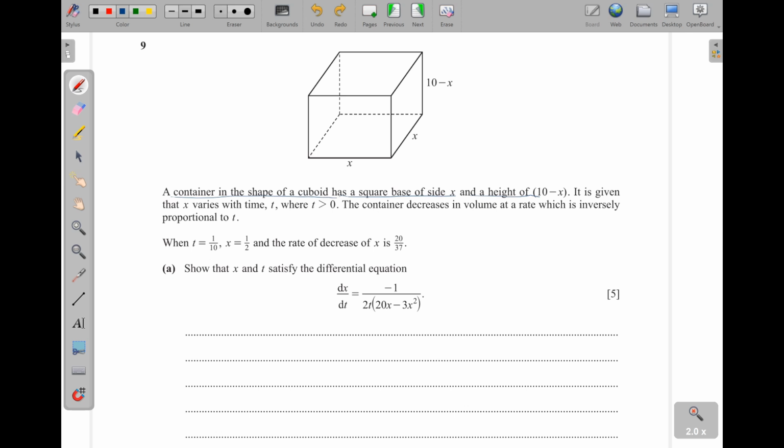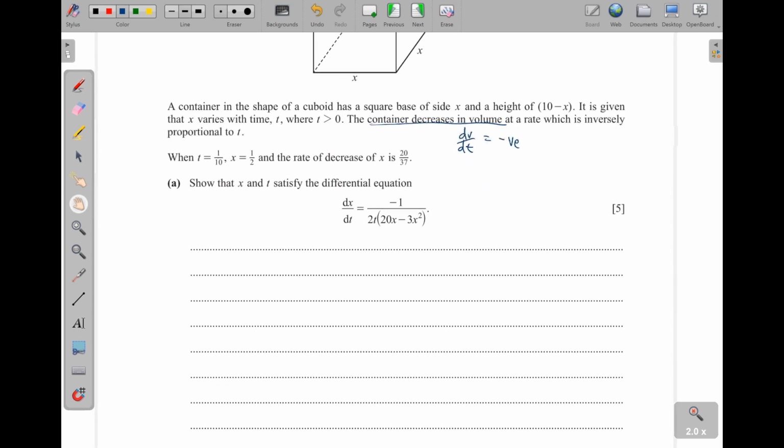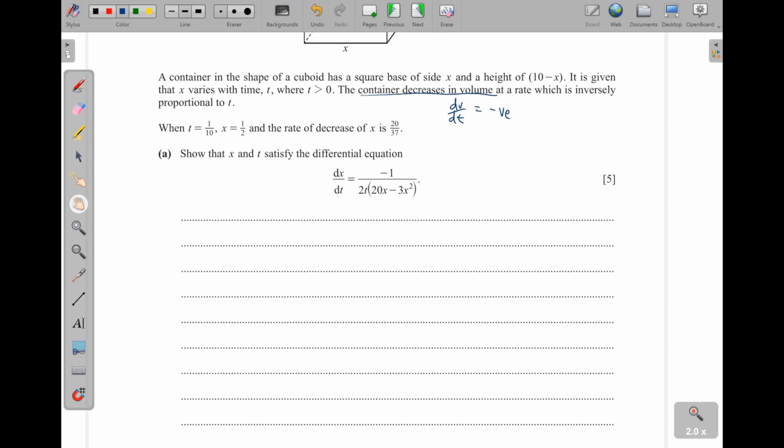Now, there is something they have said here, that the container decreases in volume. That means dV/dt shall be equal to a negative value, okay? So we shall use a negative sign there. Now, we are told that the container decreases in volume at a rate inversely proportional to t.